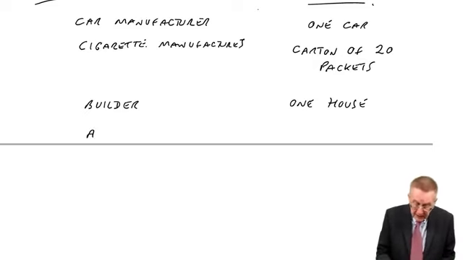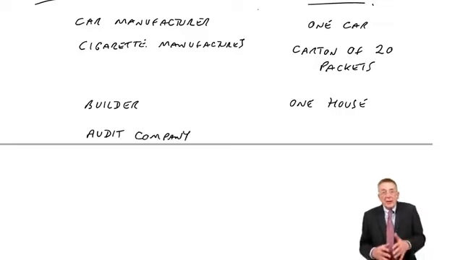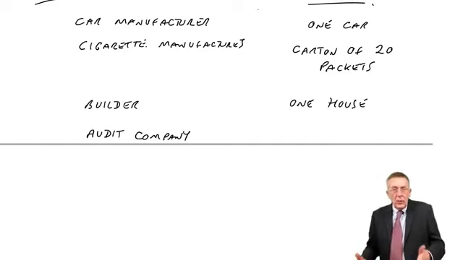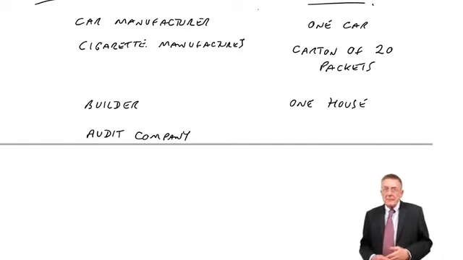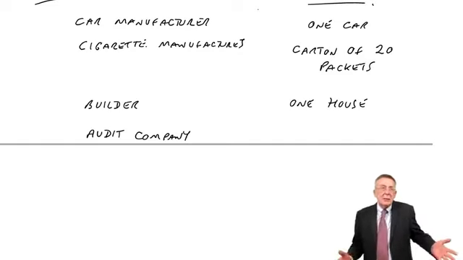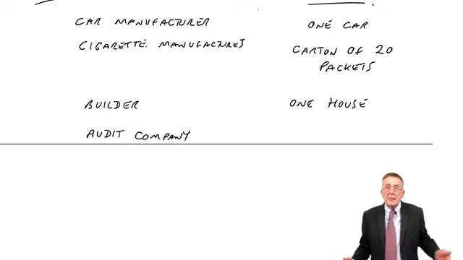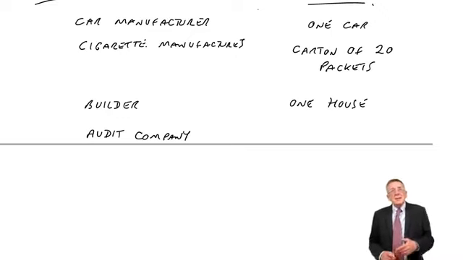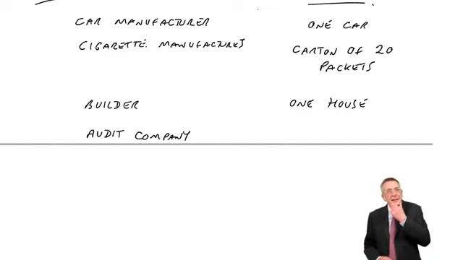Finally, an audit company. Or an accounting company, or lawyers, that sort of thing. What would their unit be? All right, what are they selling? They're selling audits. But the trouble is, each audit is different. A small company, they may only be spending a few hours. A large company, they may be spending several weeks or months. So how do they go about costing?